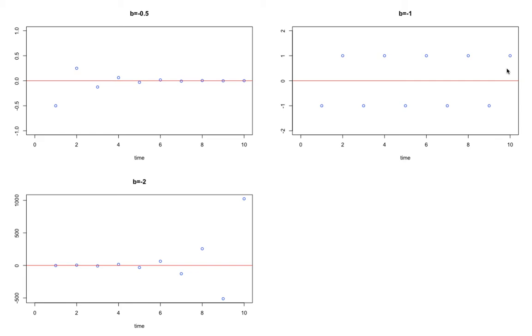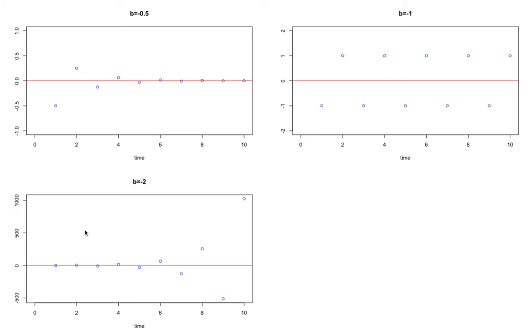The system never goes back to equilibrium. And remember, what is important in all of these cases, here we assume that the arbitrary constant is 1. If the arbitrary constant here were negative 2, we would start at negative 2, then have 2, negative 2, 2, negative 2, and so forth.